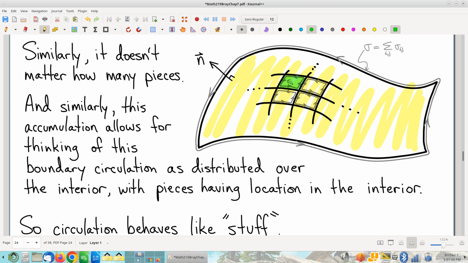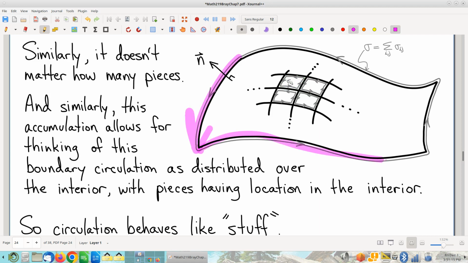Just forget about the yellow, look at the green by itself, and compute the boundary circulation. That's your answer. So even though our computations tend to go like this, this is how I compute a boundary circulation, it looks like it's happening on the edge.